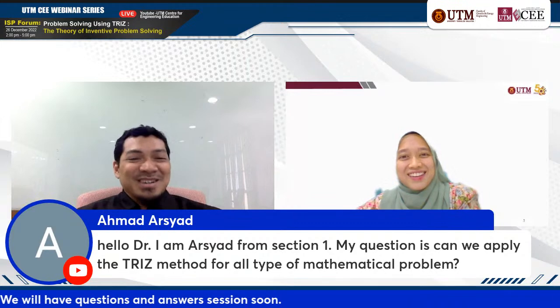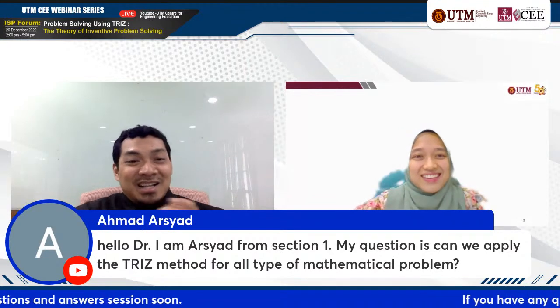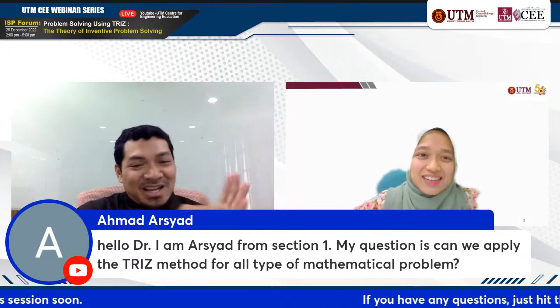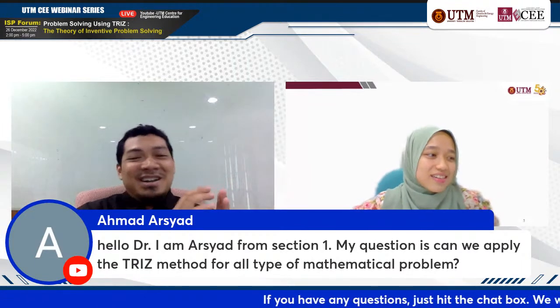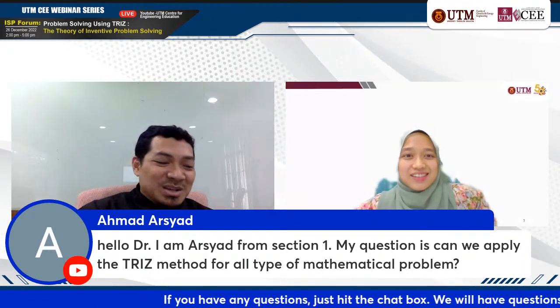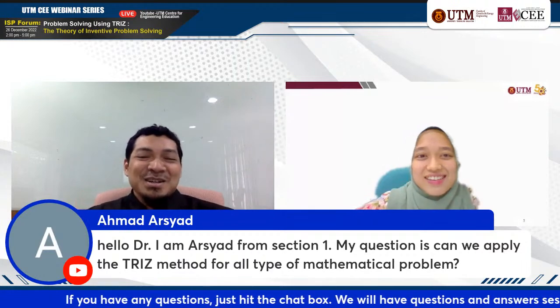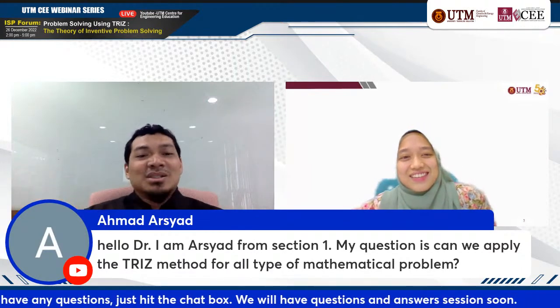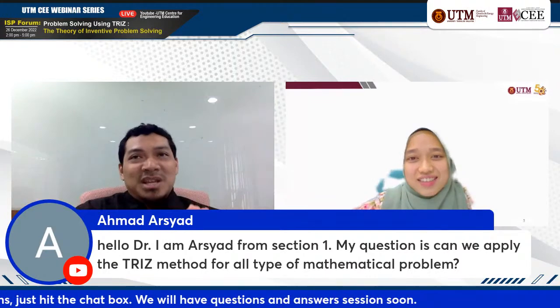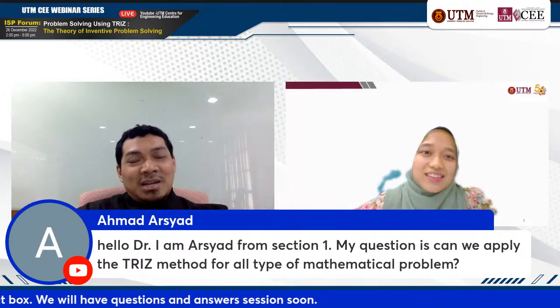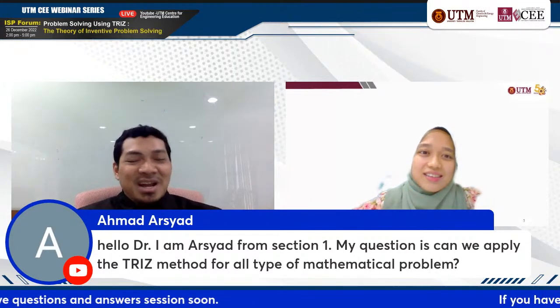So it's like a calculator for problem solving. You key in the number and then pop, it shows you the conceptual solution. So the concept is there, but direct application might depend on the context. Hope that answers the question.